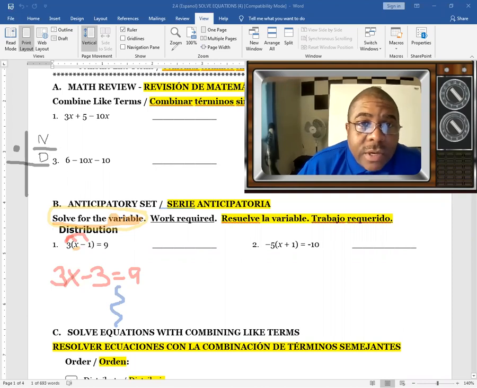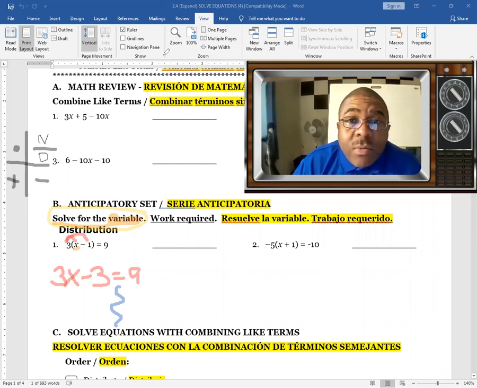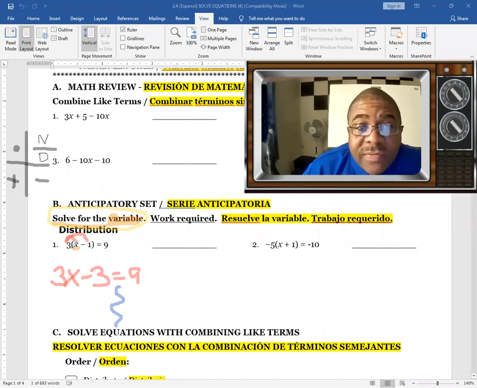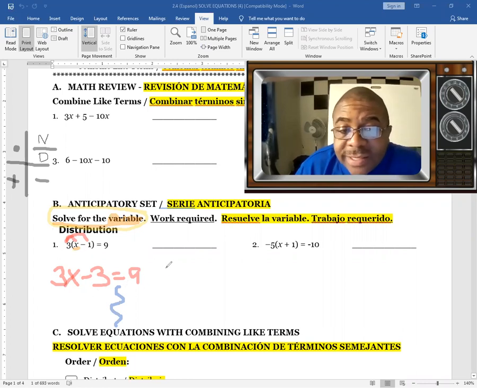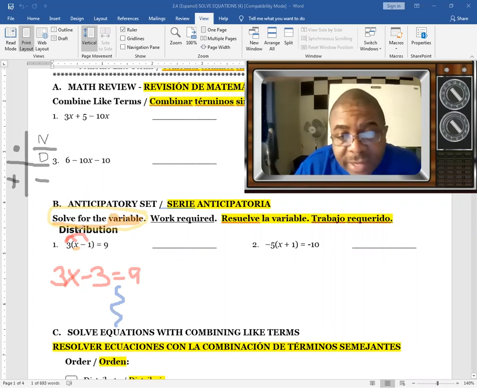Good. And what's the opposite of addition? It's subtraction. Okay, now we're back to our problem. 3x minus 3 equals 9. We want the variables on this side. We want the constants on this side. We want the letters to the left, numbers to the right.